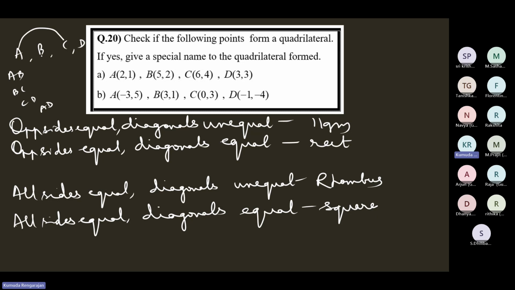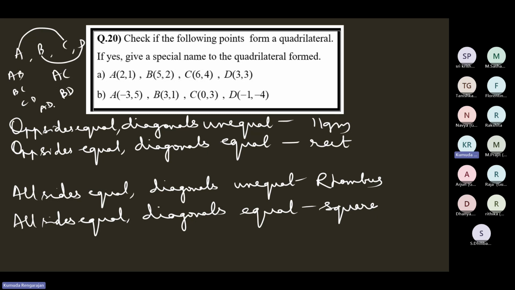Also find AC and BD. Now, if you see that all the sides are equal, then it is a rhombus. But if all the sides are equal and the diagonals are equal, then it's a square. If all sides are equal and diagonals are unequal, it's a rhombus.